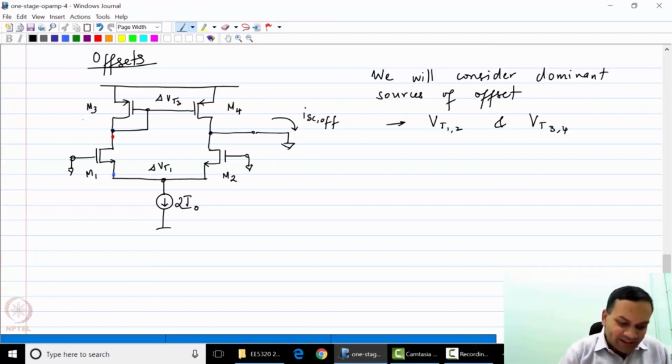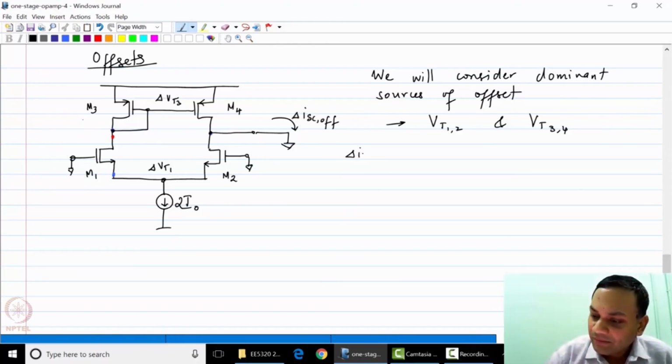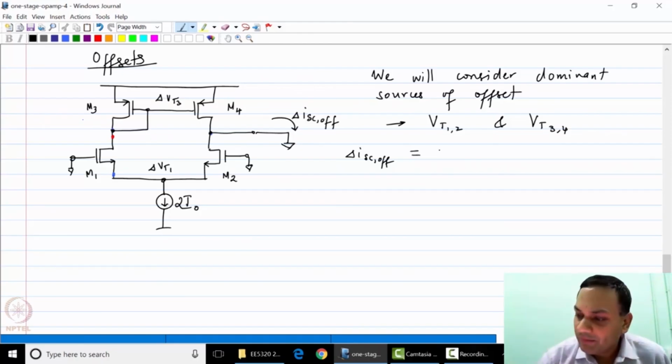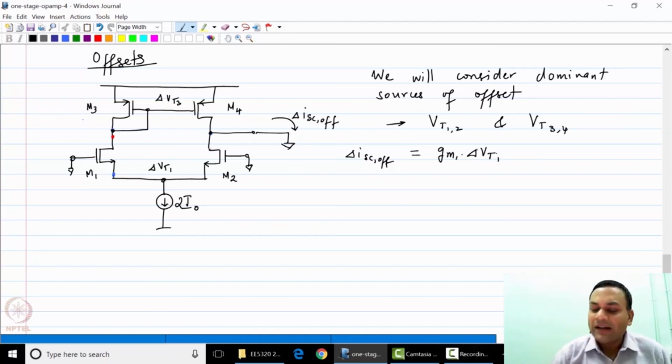short circuit, and let's call that delta ISC off. This value of offset current is clearly going to be GM1 times delta Vt1 plus GM3 times delta Vt3.